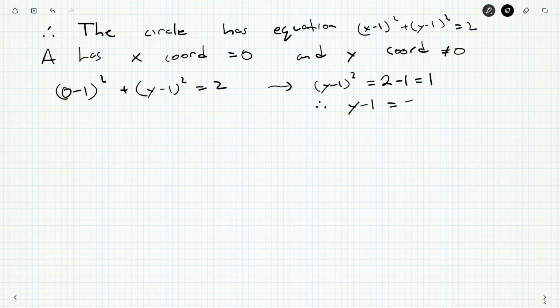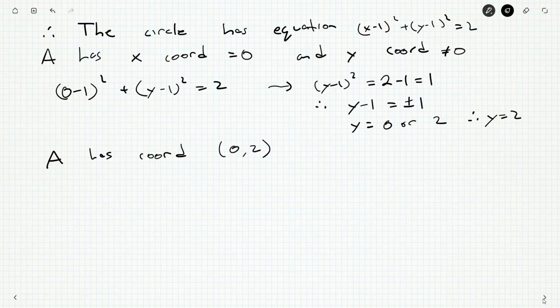So y minus 1 is plus or minus 1. Y is 0 or 2. So A has coordinates 0, 2, just like B had 2, 0. Alright, so that's sort of helpful.